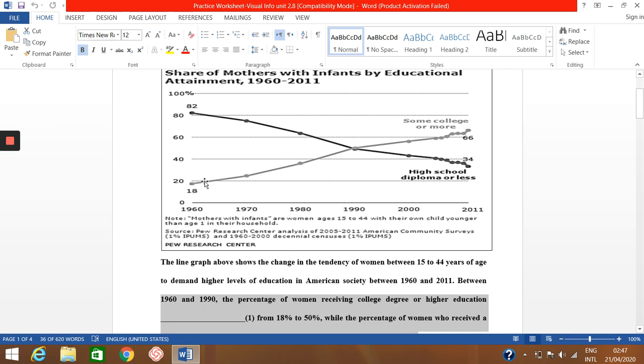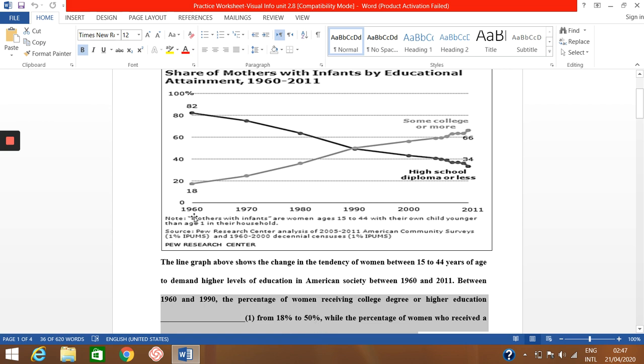And if you look at the trend here, is it an upward trend or a downward trend or stable trend? You can see the gradual movement from 18% to 50%. So in this case, I guess you need to use a verb because it's from 18% to 50%.